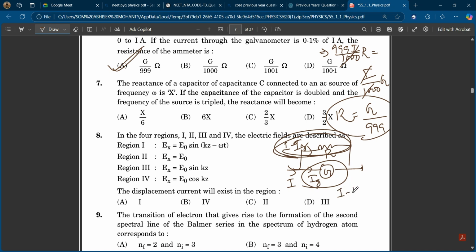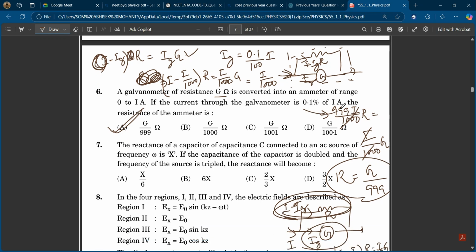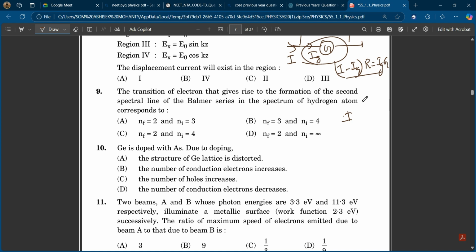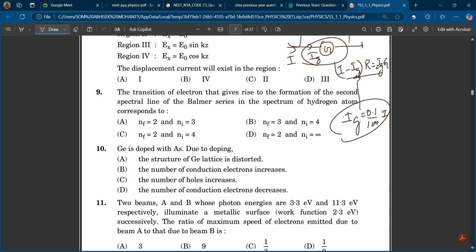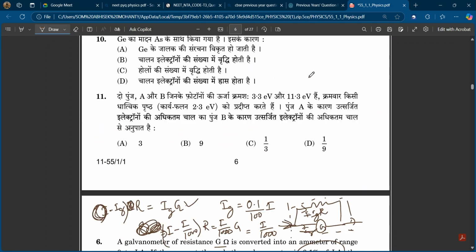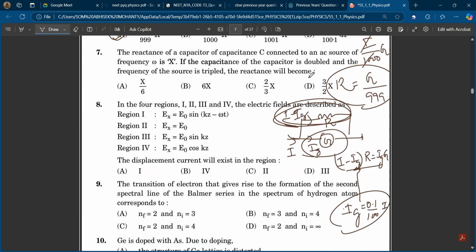So (I minus Ig) whole into R is equal to Ig into G. This is the equation I wrote, and Ig is 0.1% of I ampere, so Ig is equal to 0.1 by 100 of I. From there, I just put it in and did the question. I hope you understood. Next question.